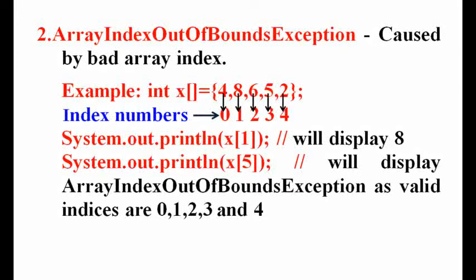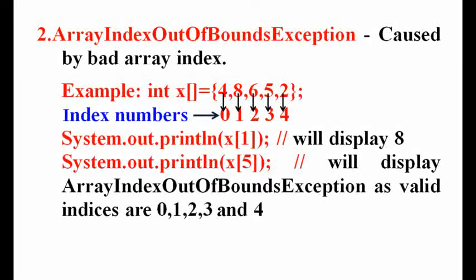ArrayIndexOutOfBoundsException. It is caused by bad array index. On the screen you will find an integer array has been declared called x, and it has been initialized with 5 elements 4, 8, 6, 5 and 2.